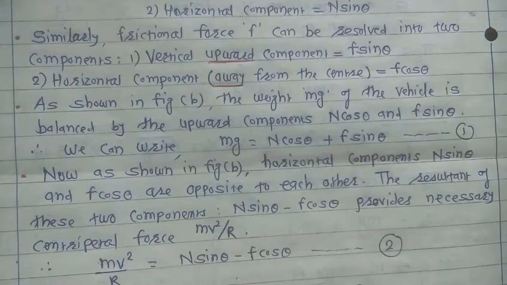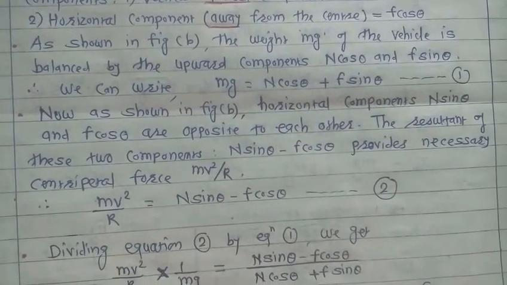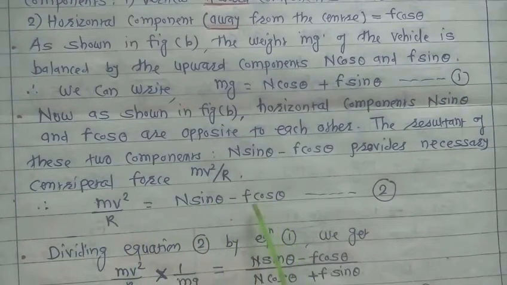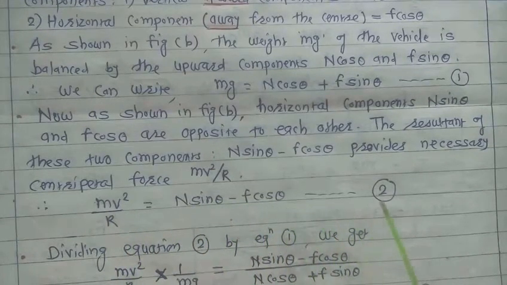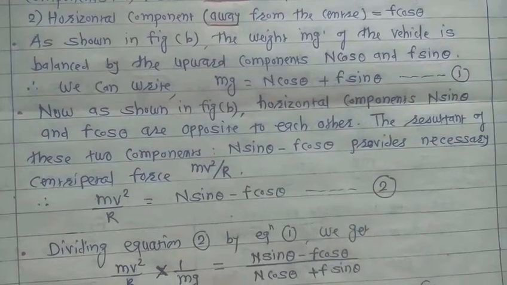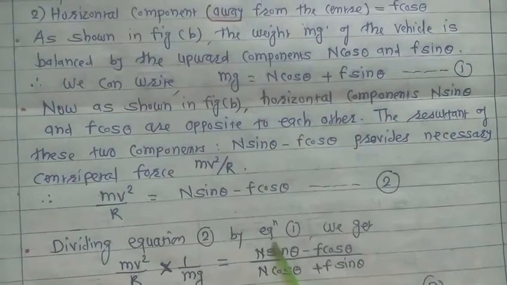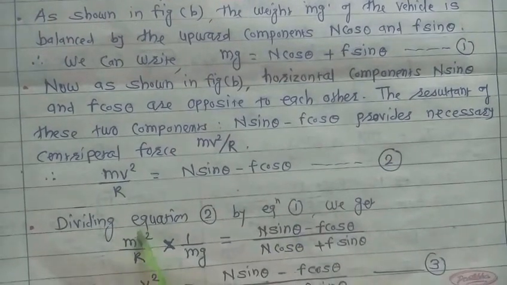Therefore we can write mv square upon r, the necessary centripetal force, equal to N sin theta minus F cos theta, equation number 2.